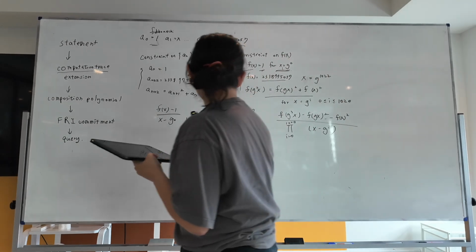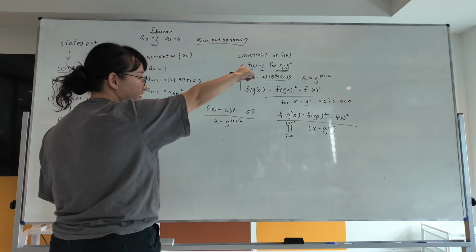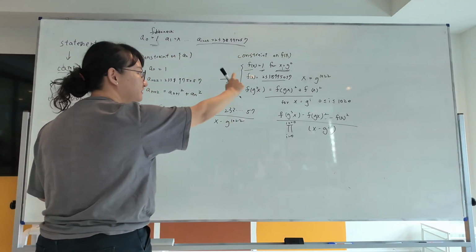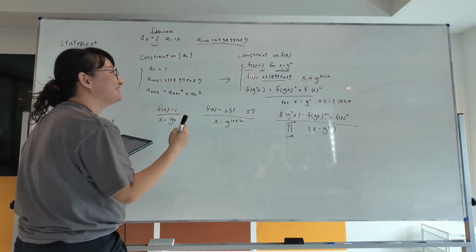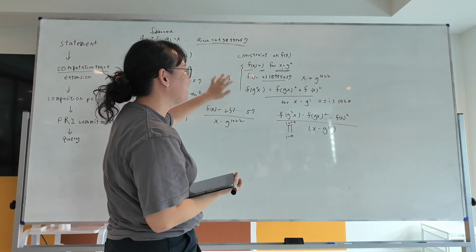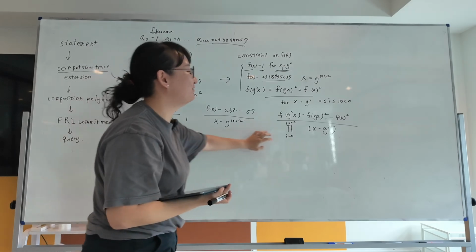So we get these three, and if we match all these three constraints, then these three should all be polynomials.